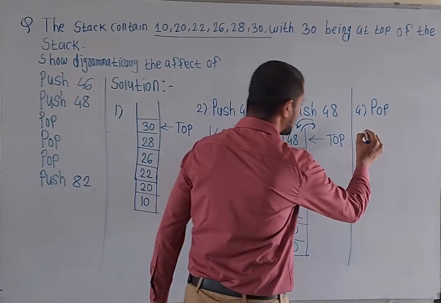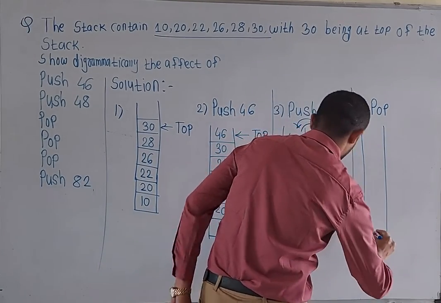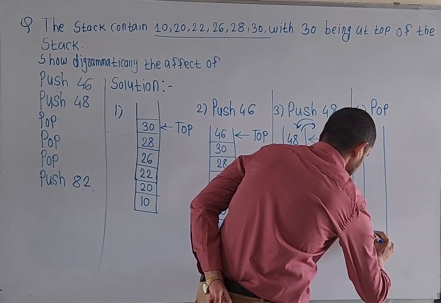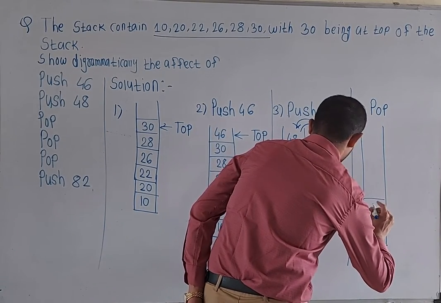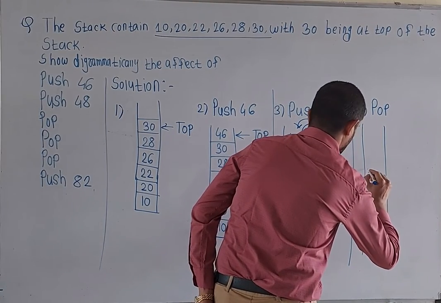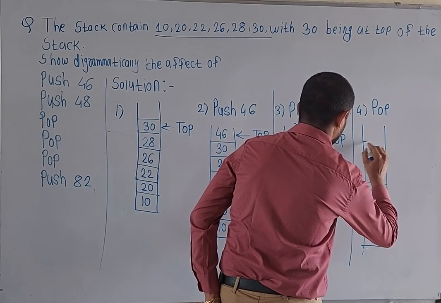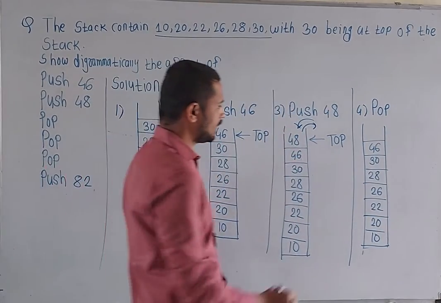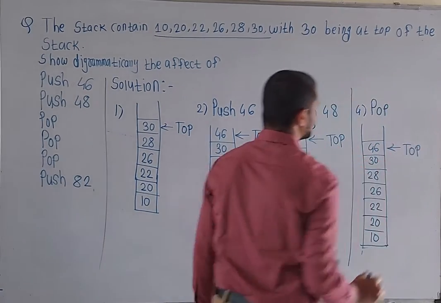So after the pop operation, 48 will be deleted and top will be decremented by 1.